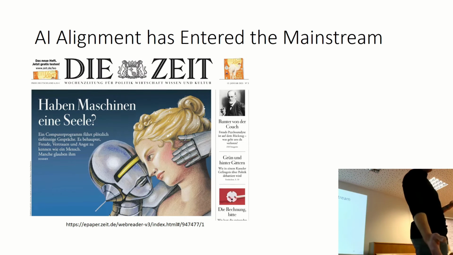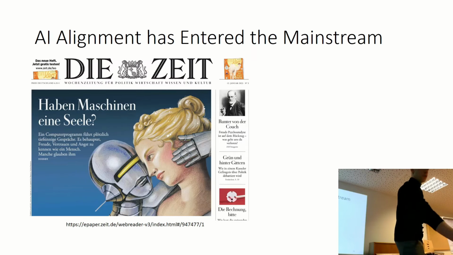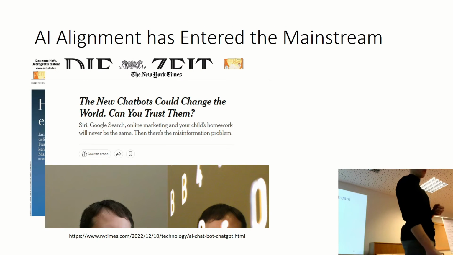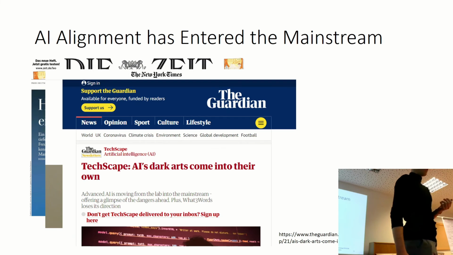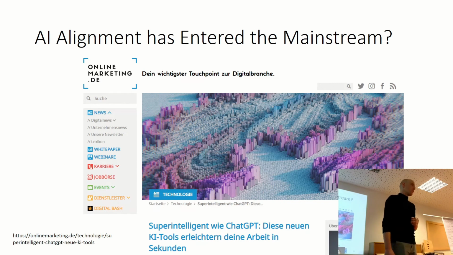You also see big discussions on AI safety, machine consciousness, etc. enter the mainstream in terms of popular journalism. So you see this in the news, you see this in the New York Times about chatbots, you see this in The Guardian. The question is, has it really entered the mainstream?